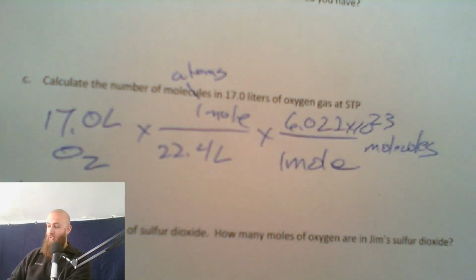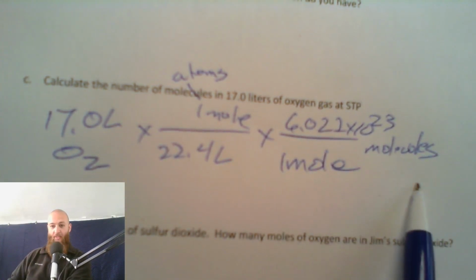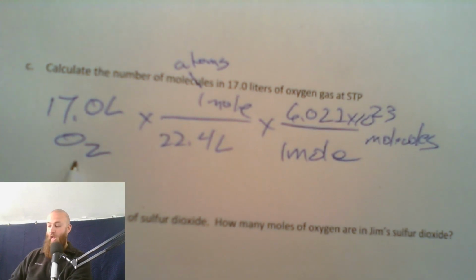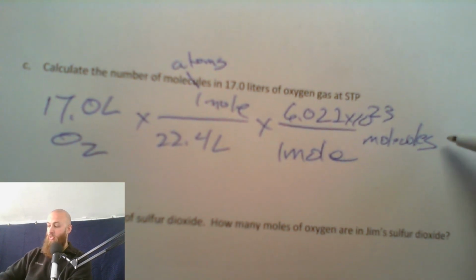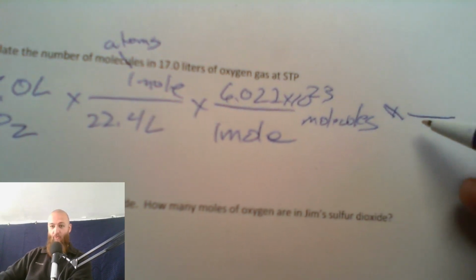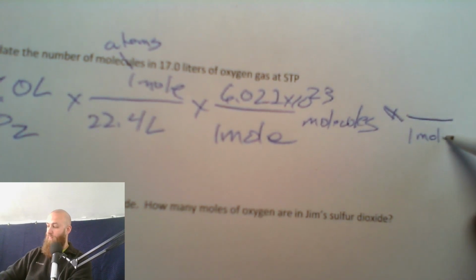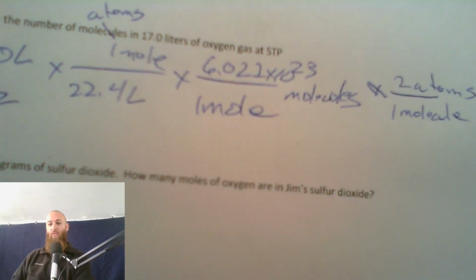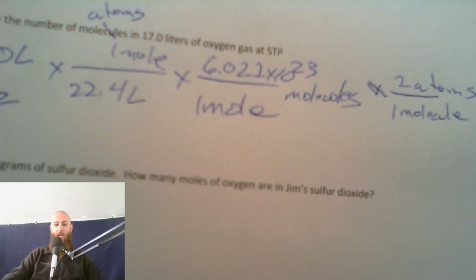Well, you have to do all this same work to get the molecules first. Now, you've got O2, so you would just multiply by another conversion factor: 1 molecule is equal to 2 atoms. Each question is going to be different because each formula is different. So Matt, I hope that did it for you. Let me know if you're on board now, because I think that's what your comment was saying.